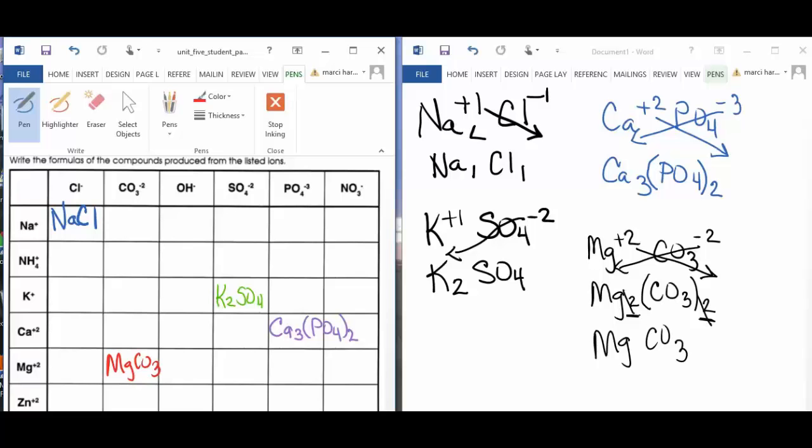If you look at the charges that we start with and how many of each ion ends up in the final compound, what we're doing is making all the positive charges from the cations equal to all the negative charges of the anions. So when we write a final answer for an ionic compound, it's a neutral formula, which means it has a charge overall of 0.